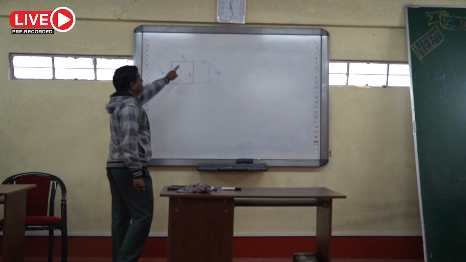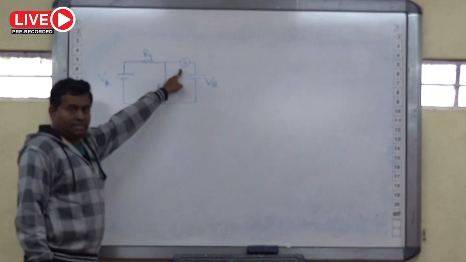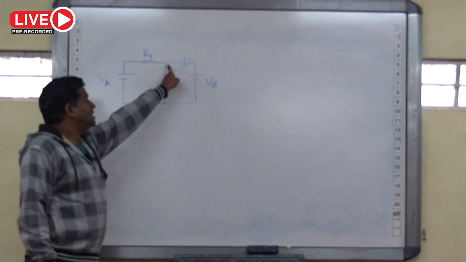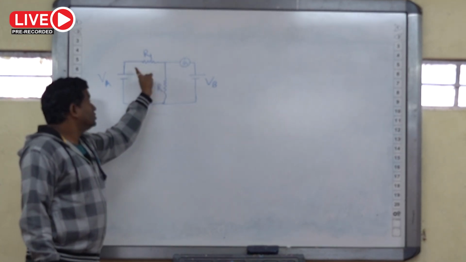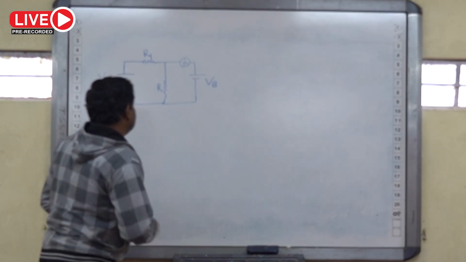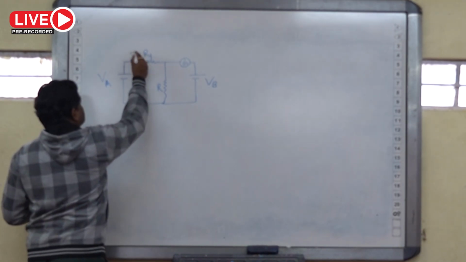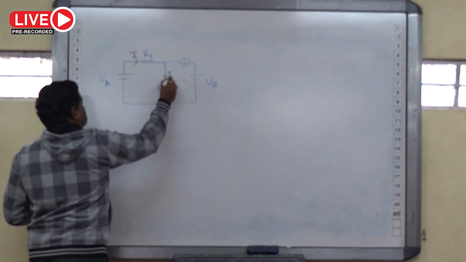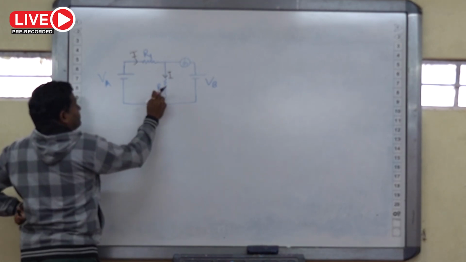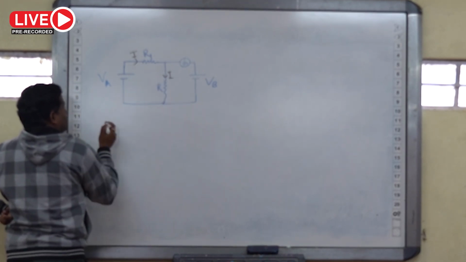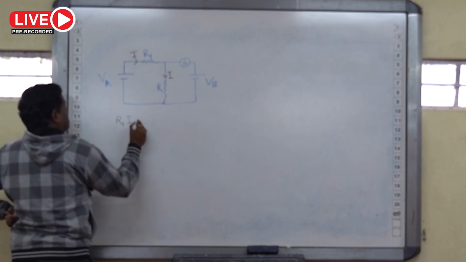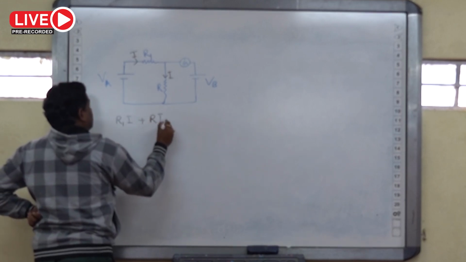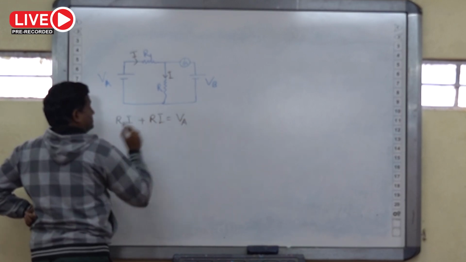See, when the galvanometer shows no deflection, it means current through this line will be 0. So we can consider that the entire current I is flowing along this path. Then from that first calculate this I, that is R1 into I plus R into I, that should be equal to VA.